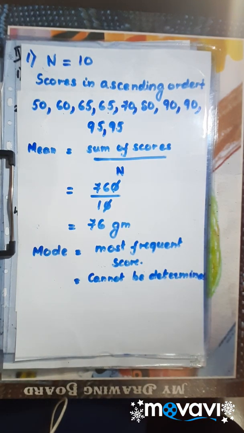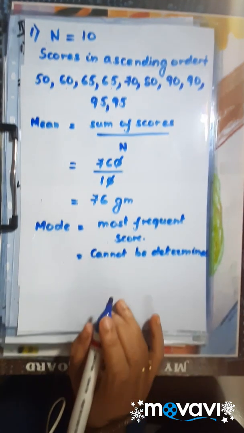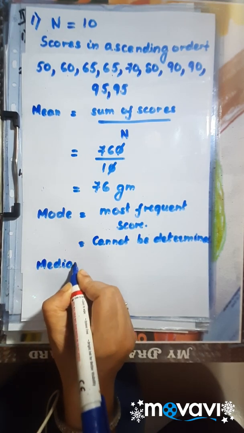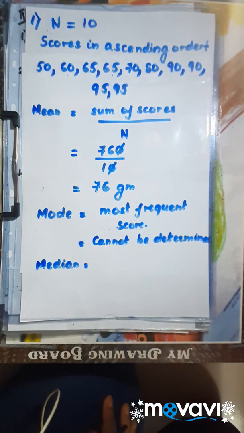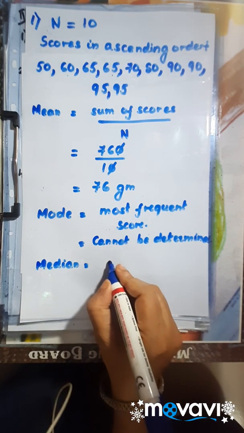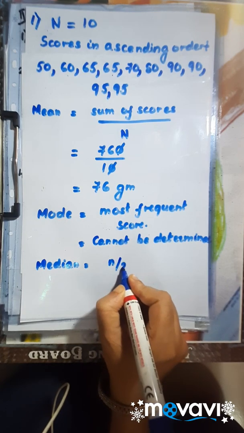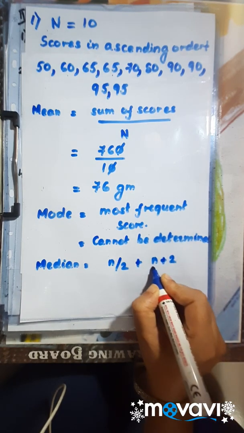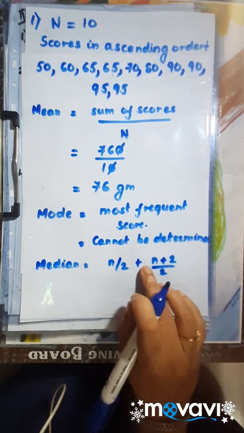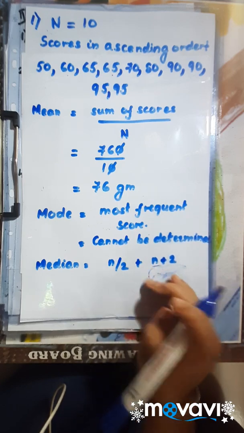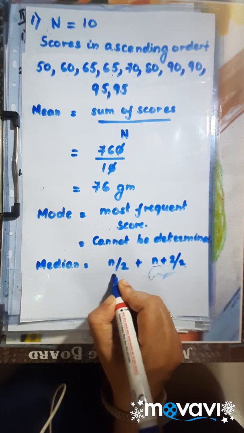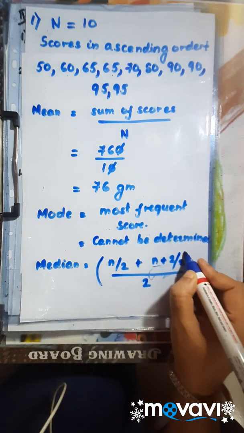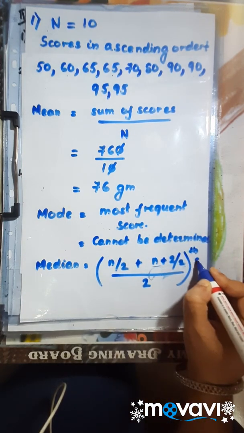Okay. Now, after this, we will find out the median. What is the median? Now, n is an even number. So, n upon 2 plus (n plus 2) upon 2, the average of this, that score.